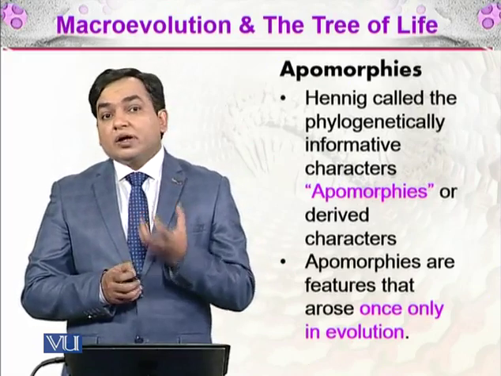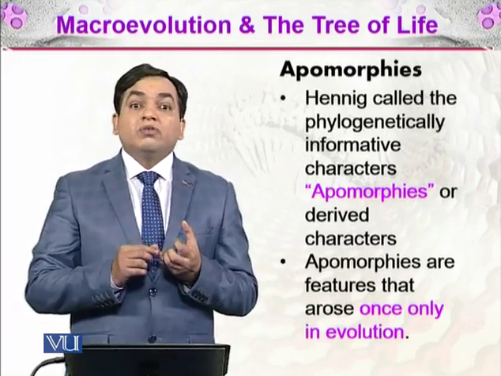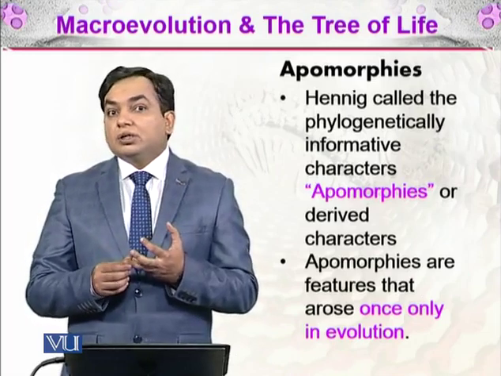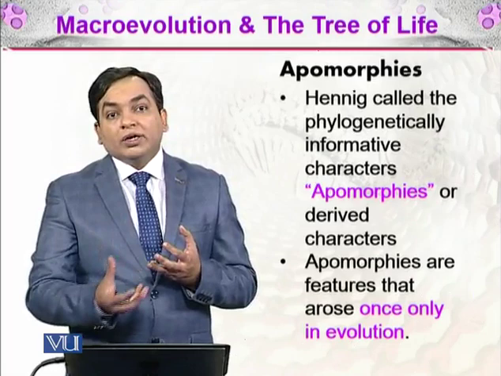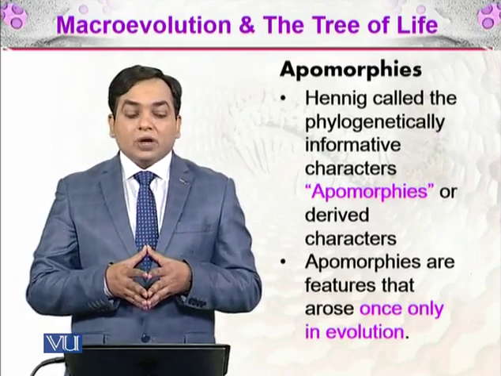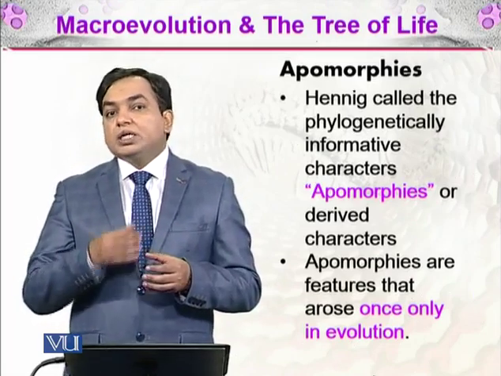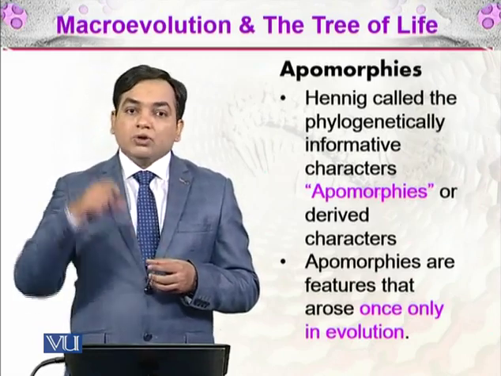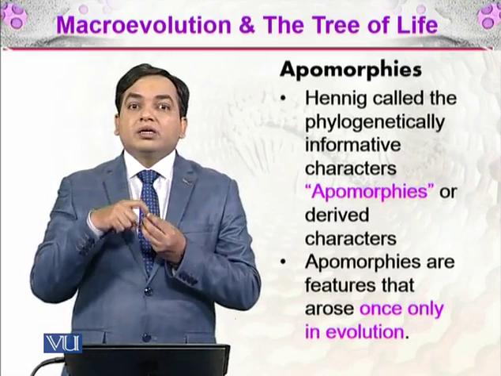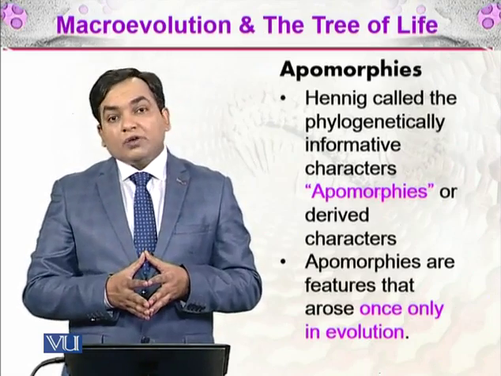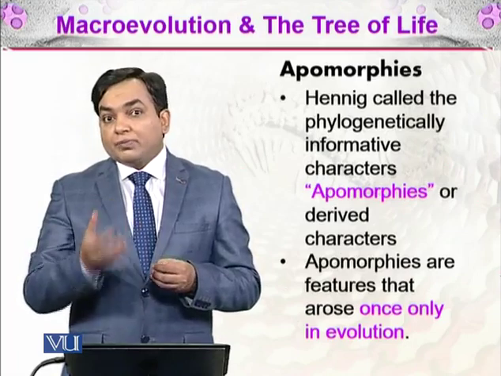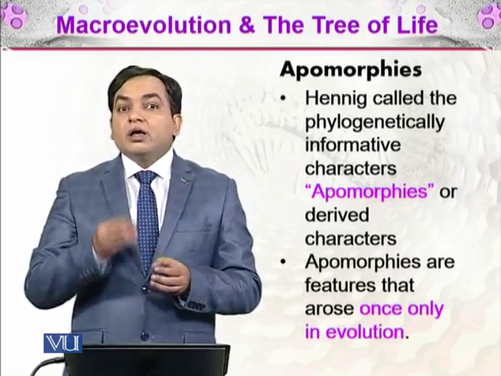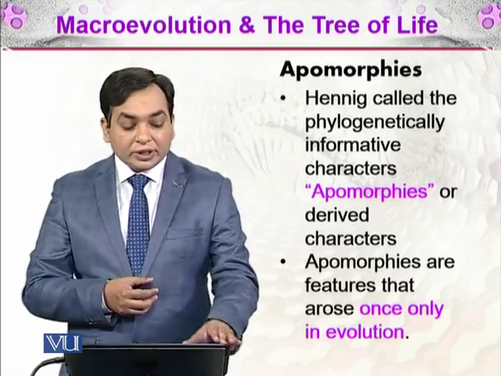An apomorphy is a characteristic that is present only in one species, or the characteristic of only one clade, right? So for example, Psittaciformes is the order of the parrots. So they have a particular characteristic of a curved beak. So that is an apomorphic characteristic. So this is how we can identify a clade based on a single trait or single characteristic.